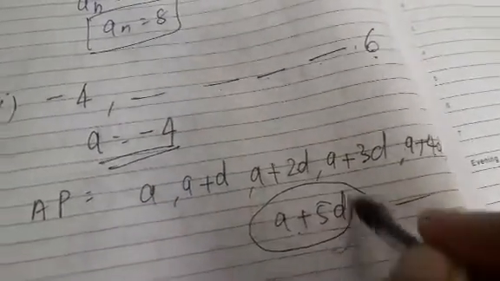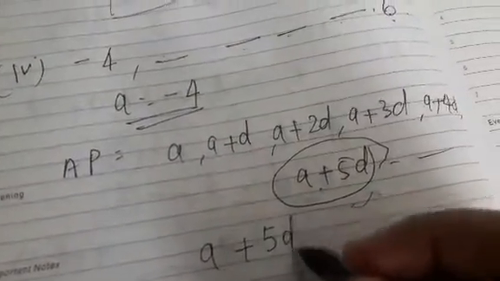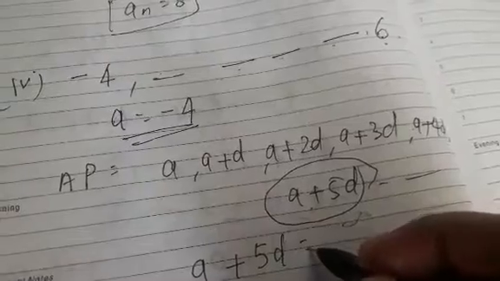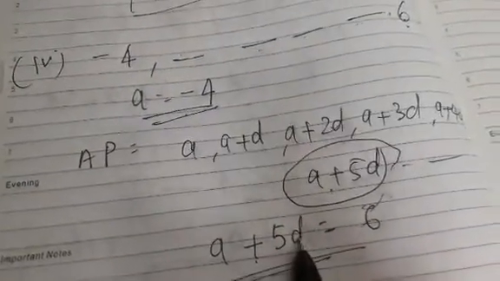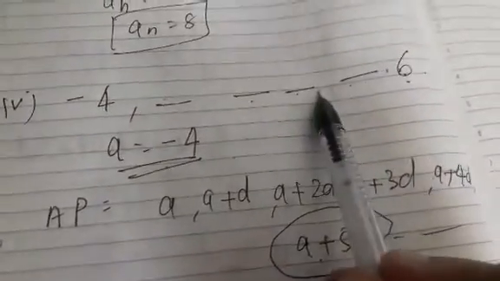So this is the term I am going to take. A plus 5d is equal to 6, right? Now when I know the value of a, I'll substitute in this equation and get the answer for d, and then I can use the value of d and find out these unknown values. I hope children you are understanding.